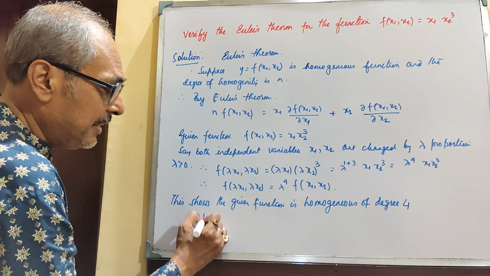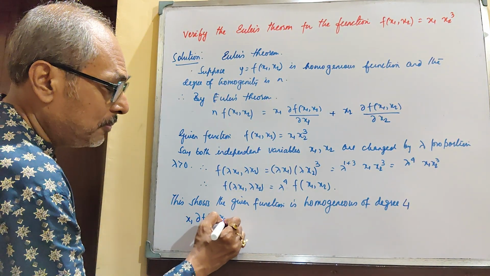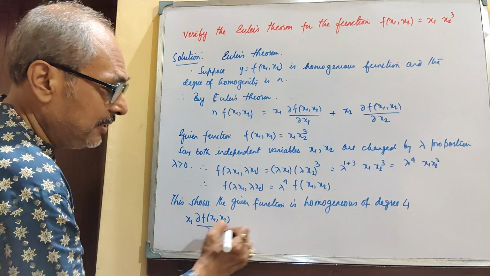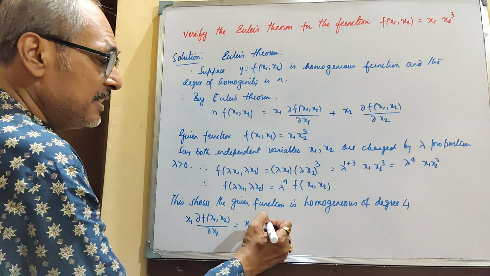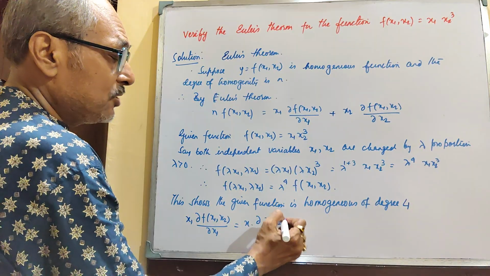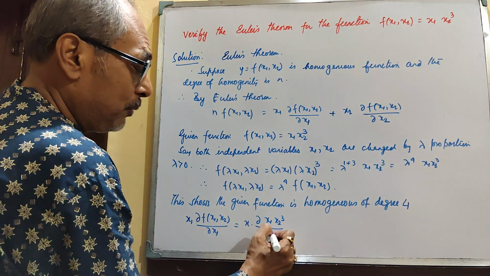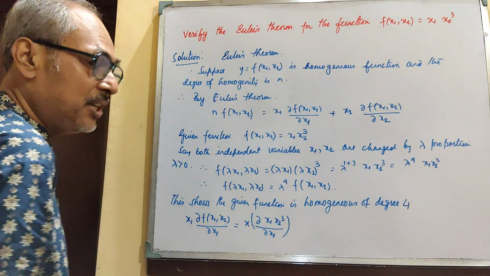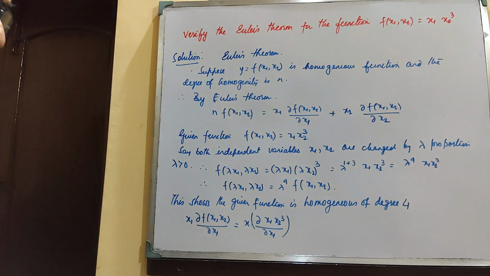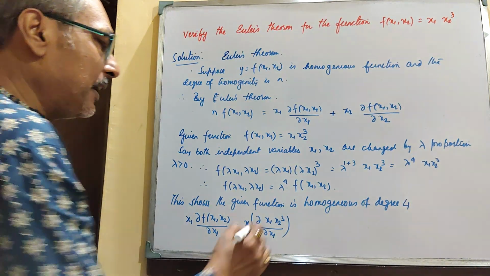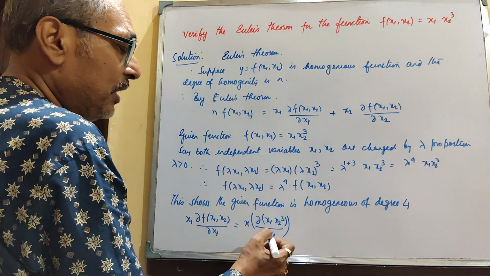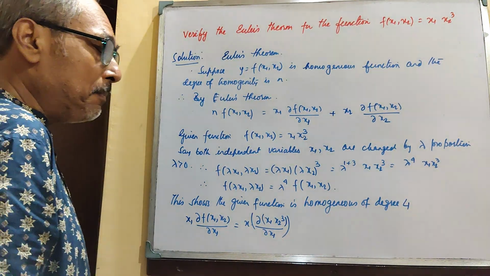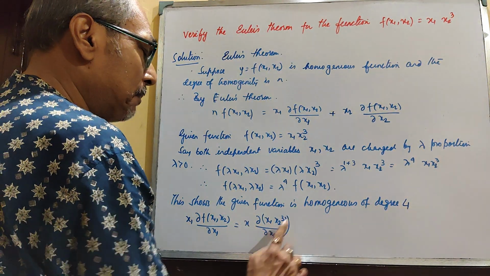x1 into del f of x1 comma x2 by del x1 is what? x1 times the derivative of x1 x2 cube with respect to x1. This is the partial differentiation. Partial differentiation means we differentiate x1 x2 cube with respect to x1 keeping x2 constant.